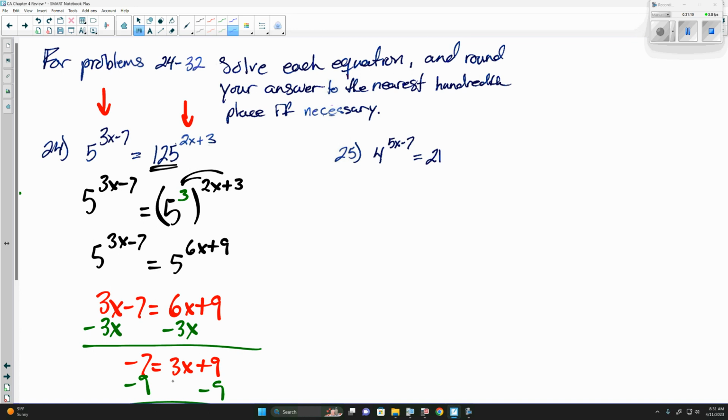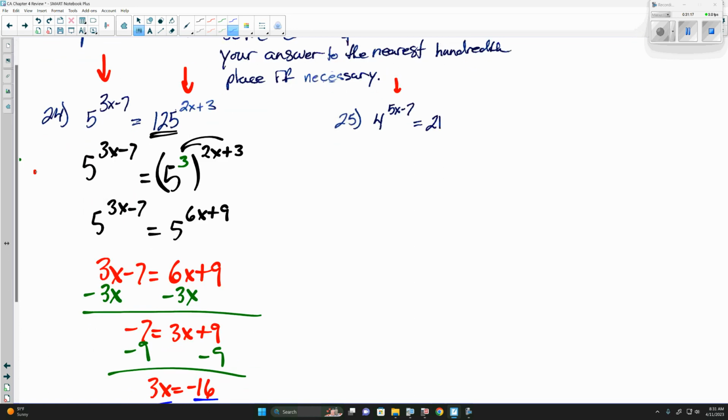25 is kind of nice because we only have a variable in one of the two exponents. So this one here, we'll use our log base. And the log base that I'm going to apply to both sides is going to be log base 4.